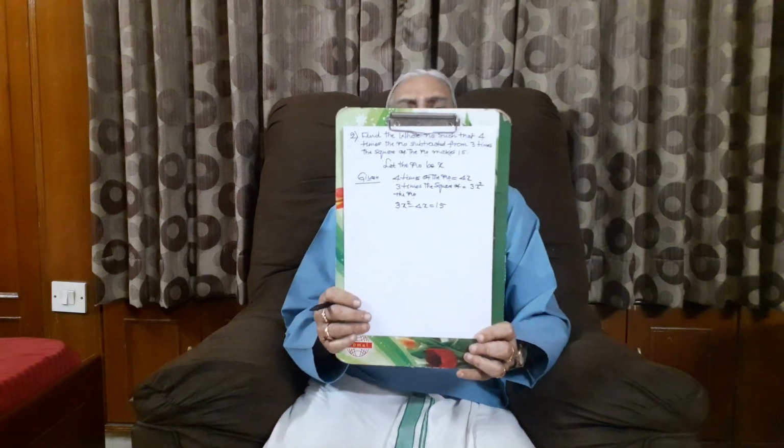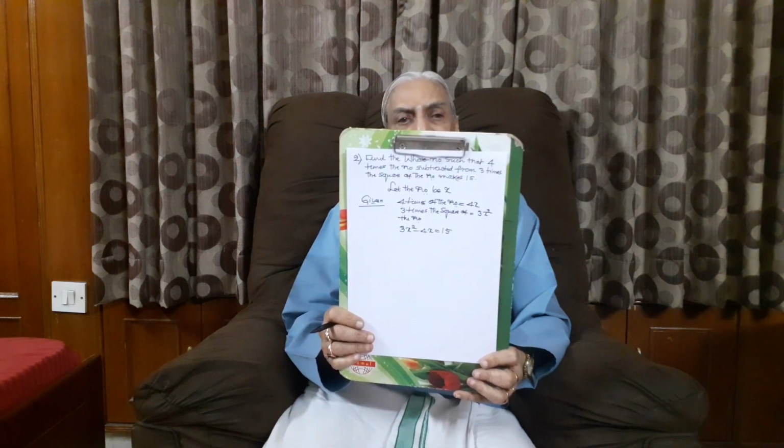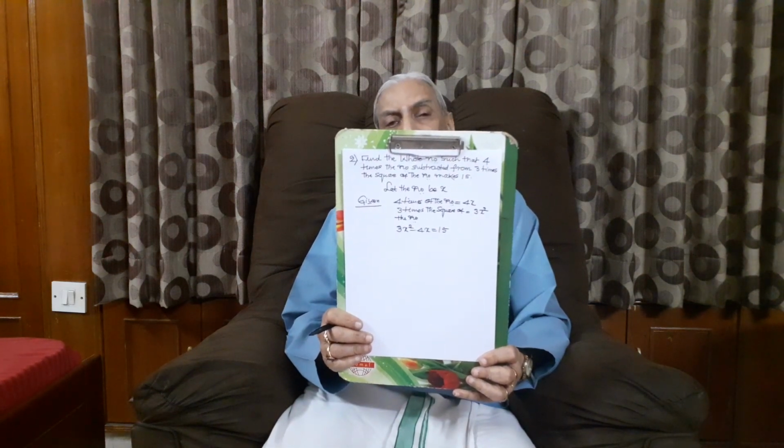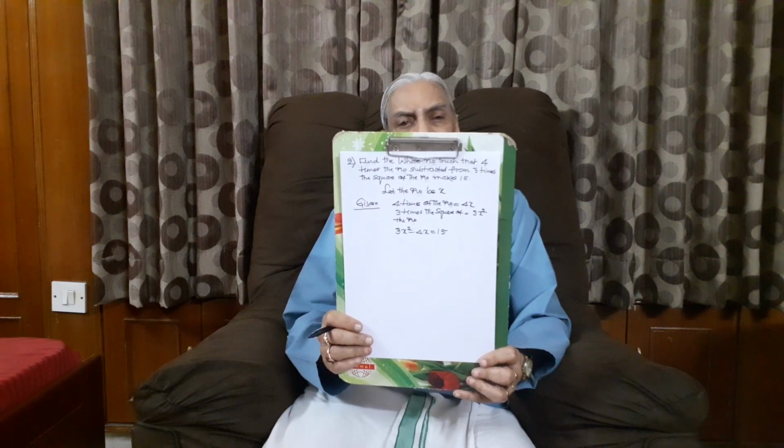It's a very simple thing. 3x squared minus 4x is equal to 15. I have translated the statement into which one? The mathematical form. That's all. Then bring it to the standard form, ax squared plus bx plus c equals 0. 3x squared minus 4x minus 15 is equal to 0.